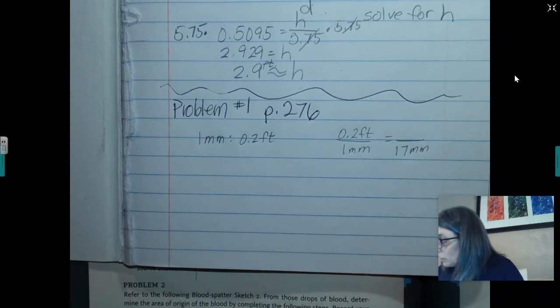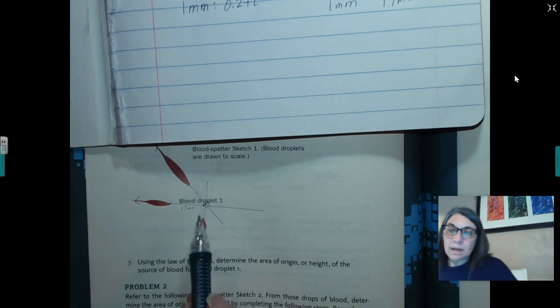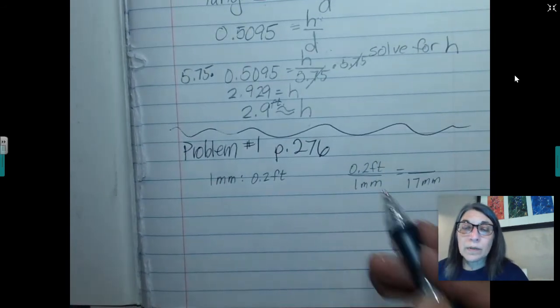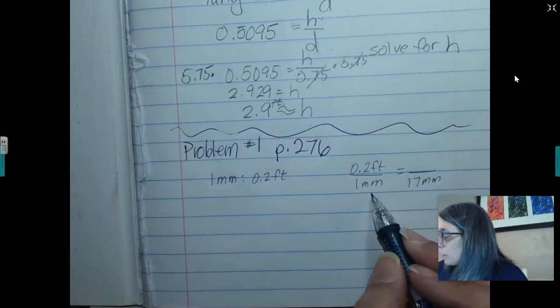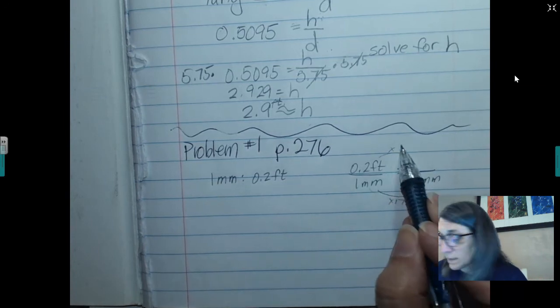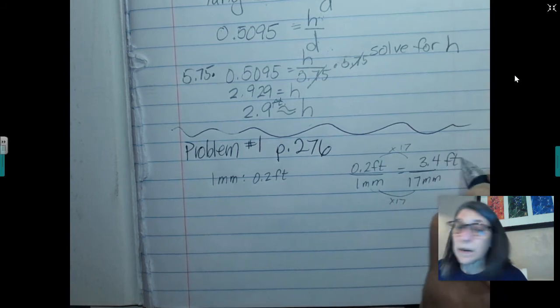Remember I told you that this is 17 millimeters. Just go with the distance that I gave you because we all want to use the same numbers. This is the way I teach my littles: to go from 1 millimeter to 17, that's times 17. So to go from 0.2 feet, it's also times 17, which gives me 3.4 feet because I know how to do equivalent ratios.